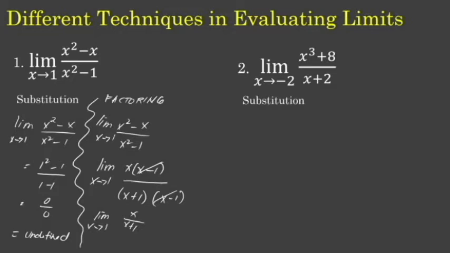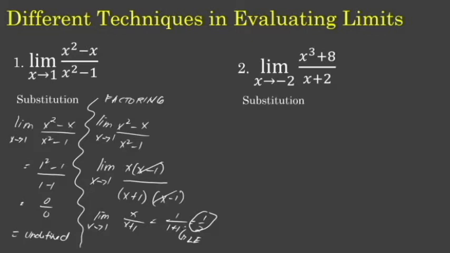Okay, then afterwards, i-substitute na natin yung ating 1 doon sa ating x to determine kung nag-exist ba yung ating limits. Okay, so we have 1 over 1 plus 1, that will give us 1 over 2. 1 over 2, so that means our limit exists.